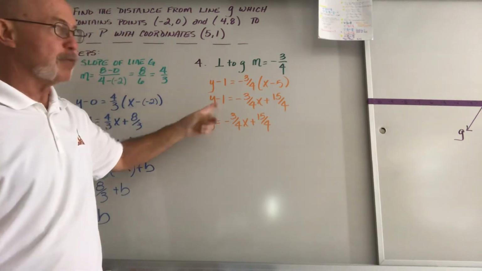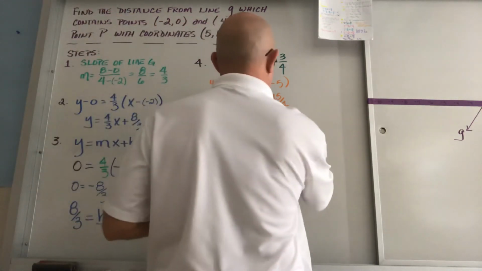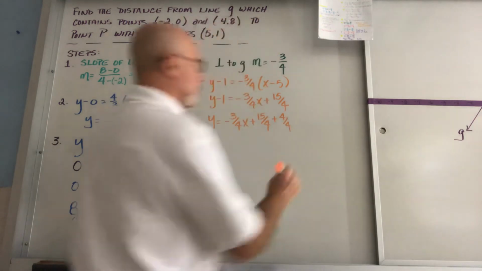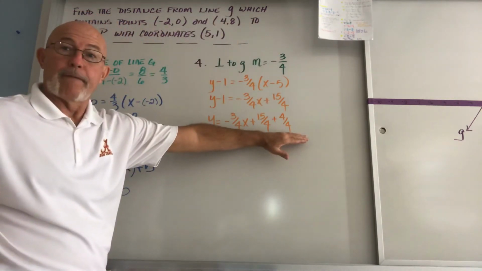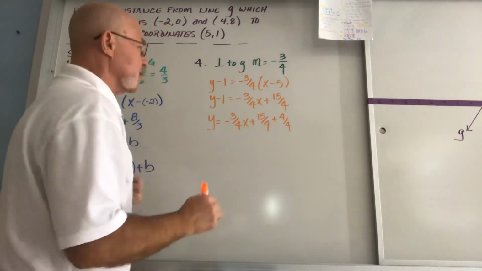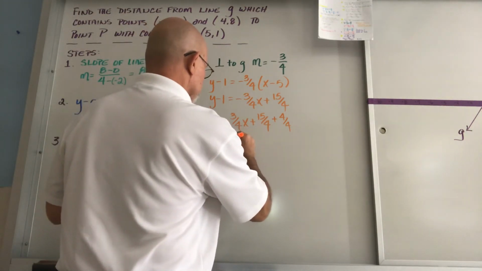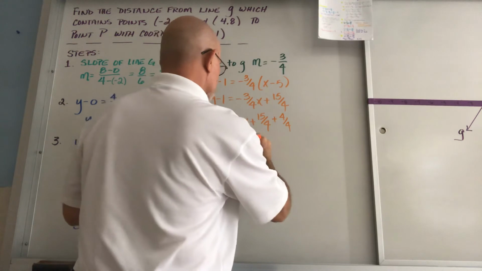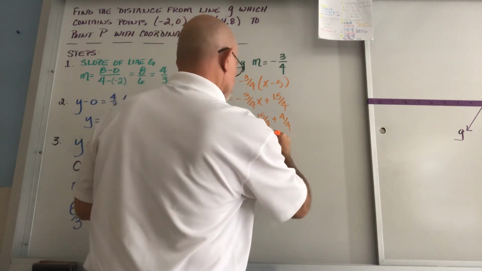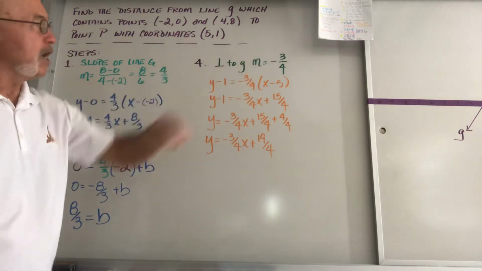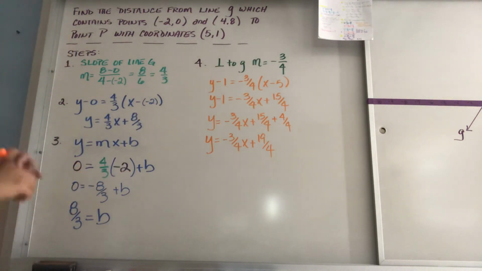So, if I add 1 to both sides, I'm going to do it in this form. 4 over 4. Okay, so now I can combine. That's the equation of that line.